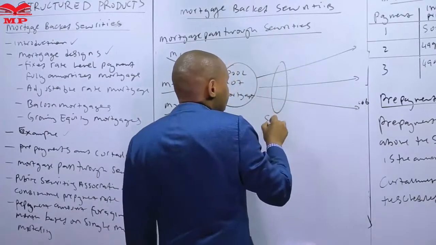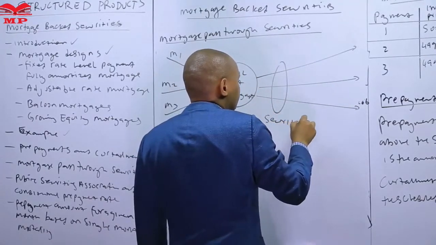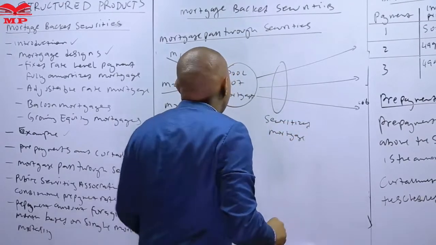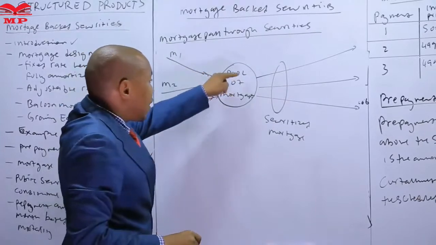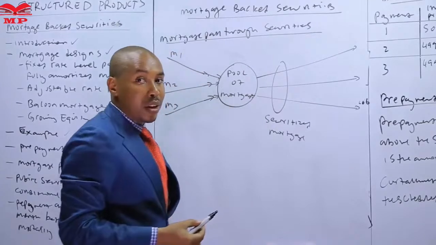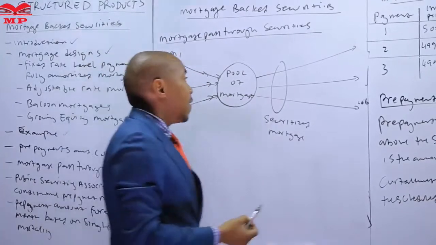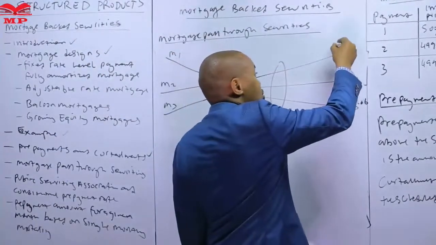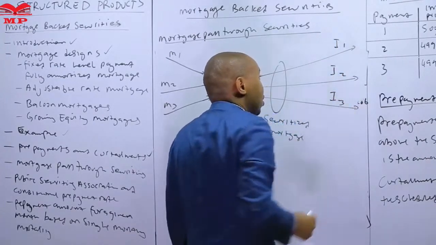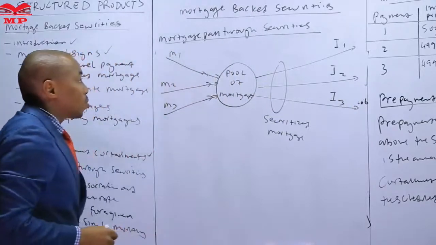Now this mortgage has been pooled over here, and once it is securitized or converted into tradable securities or instruments, then they are issued to investor 1, investor 2, investor 3. That is a pass-through security.